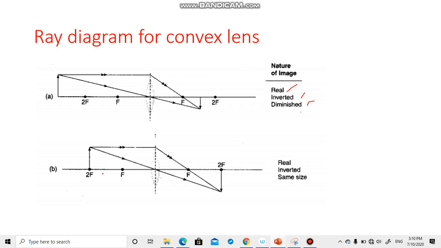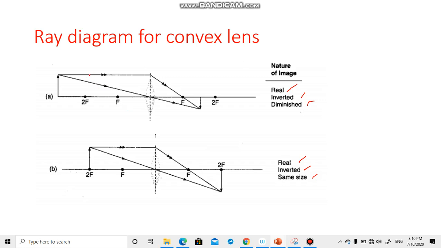Now let us say the object is placed at the center of curvature. Here also one ray you can take through the optical center, it will pass straight. Another ray which is parallel to the principal axis will pass through the focus. Here the image is formed exactly at the center of curvature on the other side. So it is real, inverted and the same size.